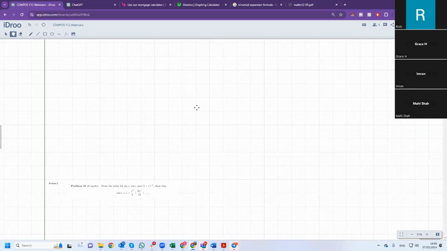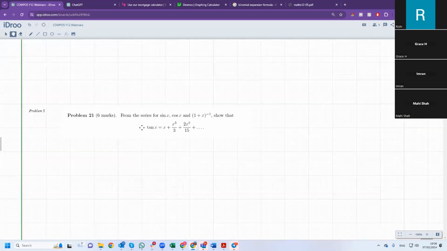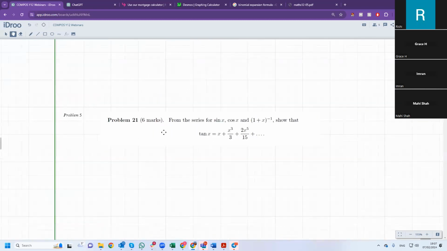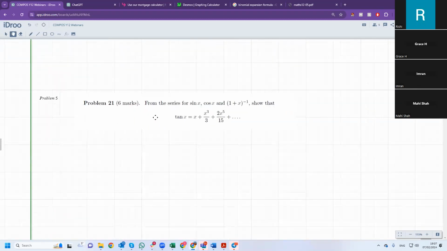What else do we have? Well, this is problem 21 from the assignment. Sine, cos, and 1 plus x to the power minus 1.